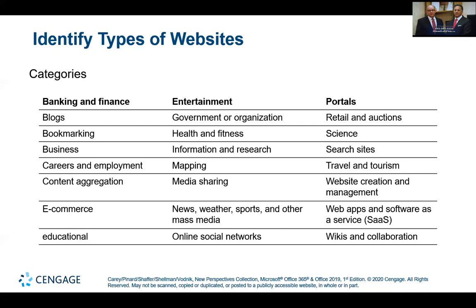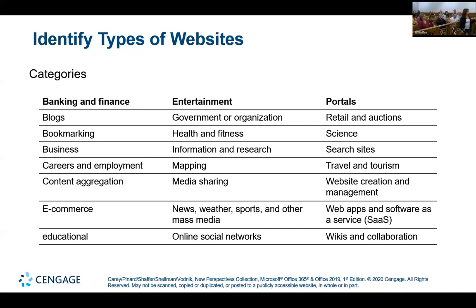Photoshop, you can no longer buy as a separate program. You have to go up to the website and use it. That's an example of SaaS. That's because Adobe has decided that's what they were going to do. So you have to go to the Adobe website up on the web to be able to use Adobe Photoshop.